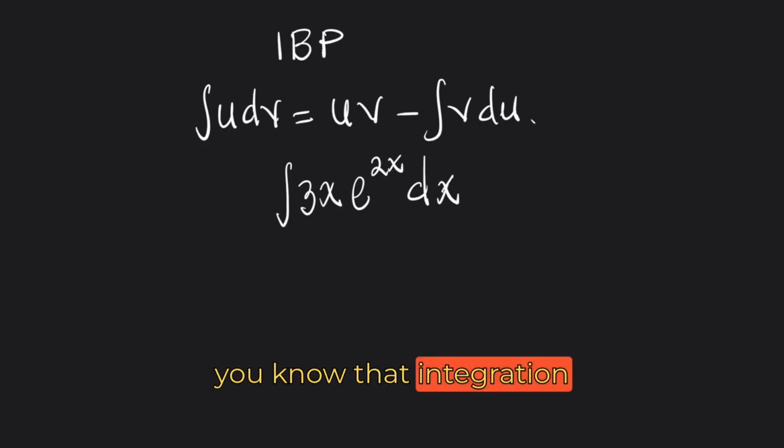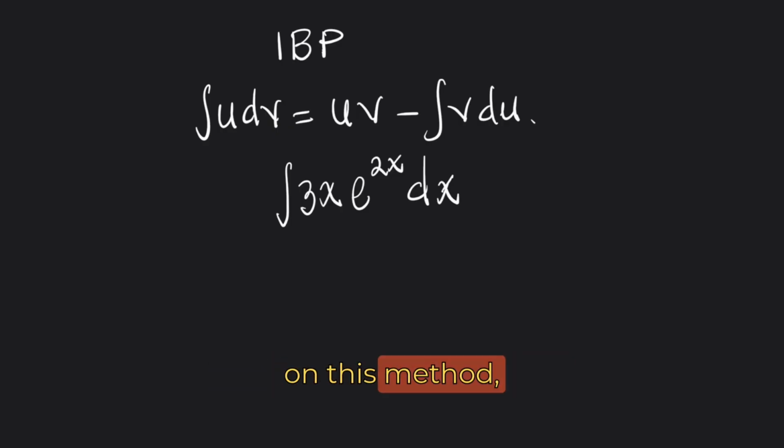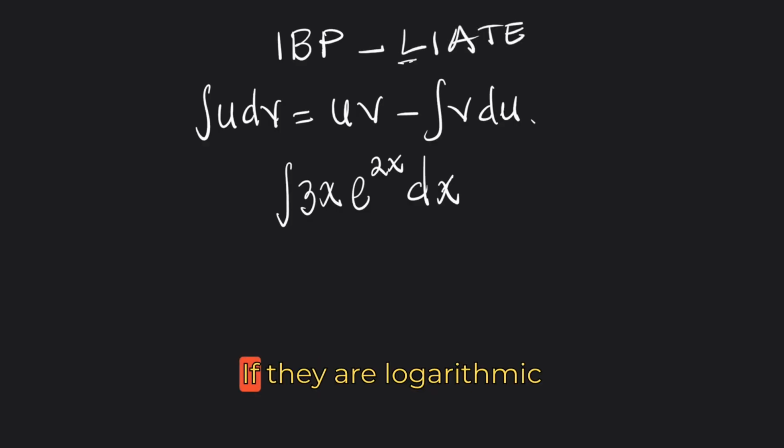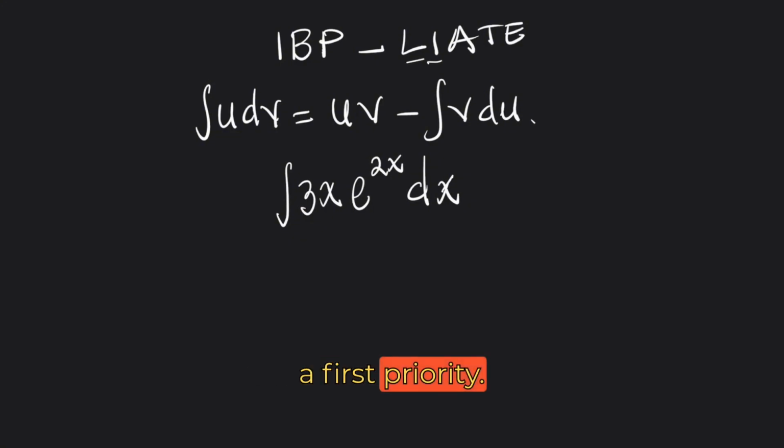For this integral we use integration by parts. You know that integration by parts depends on this method, the LIATE rule. L means you look for logarithmic expressions, and if there are logarithmic expressions, they should be given first priority. Then I is for inverse trig, A is for algebraic expression, T is for trigonometry, then E is for the exponential function.